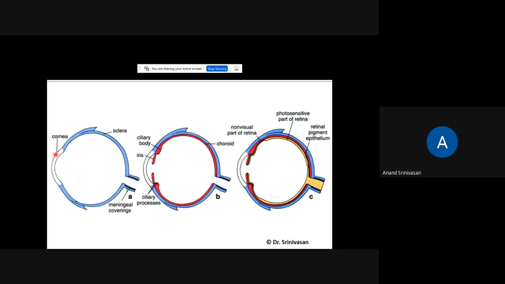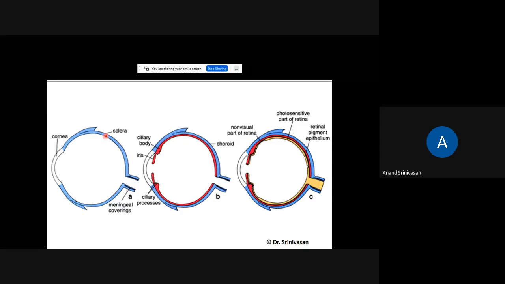This part of the eye is called the cornea. The cornea is a continuation of the sclera, but the sclera is opaque. Opaque means it does not allow light, whereas the cornea is transparent. So whatever we see comes through the cornea.